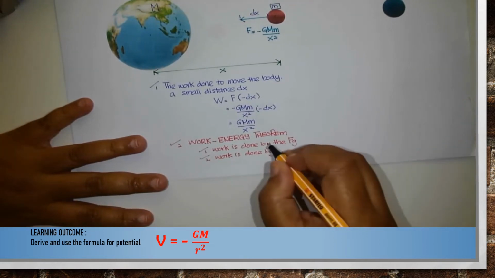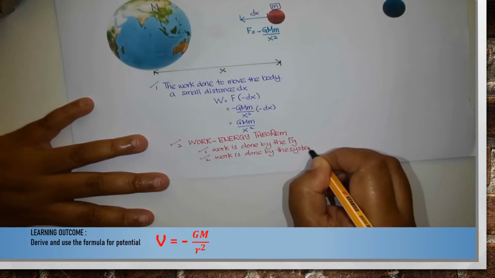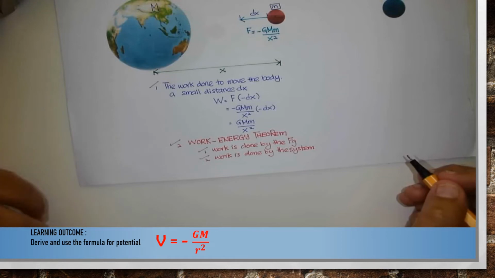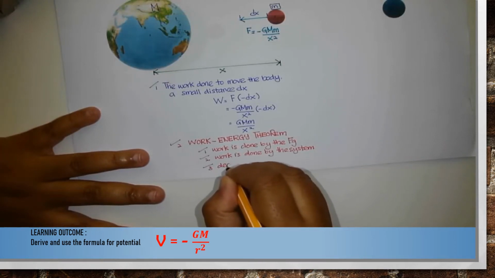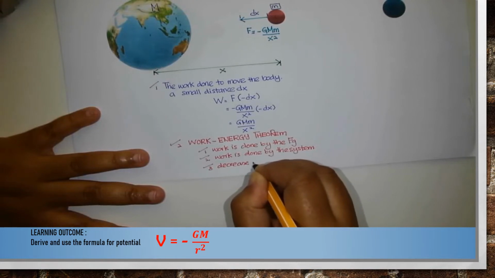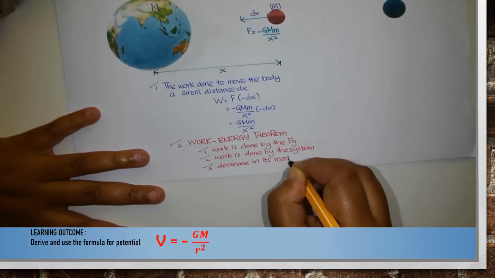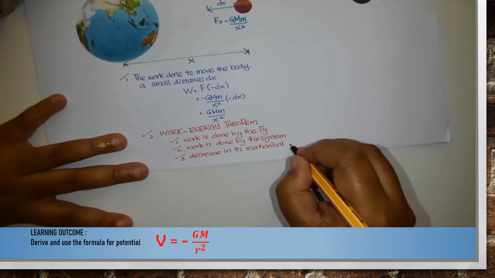So work is done by the system. According to the work energy theorem, when work is done by the system, what will happen? It will decrease in its mechanical energy.